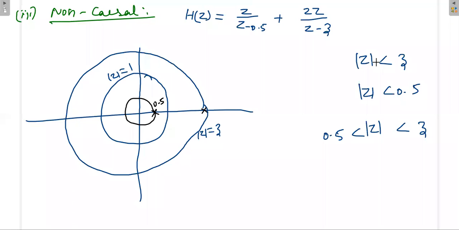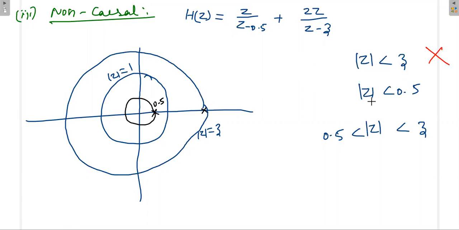Whenever it is non-causal, definitely the ROC is inside the circle, so we are choosing this condition. But mod z less than 3 is not possible, because in this process we'll be including the 0.5 circle. So this is neglected, this is not possible.